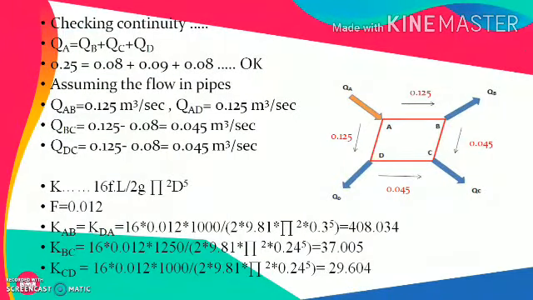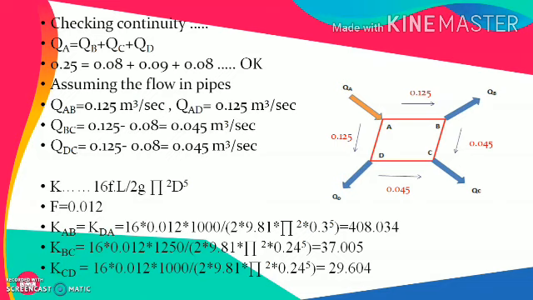So it is going to be QA equals QB plus QC plus QD. So the value of QA is given as 0.25 meter cube per second. The demands are going to be 0.08 at B and D and 0.09 meter cube per second at C. So the continuity is satisfied as 0.25 equals 0.08 plus 0.09 plus 0.08.